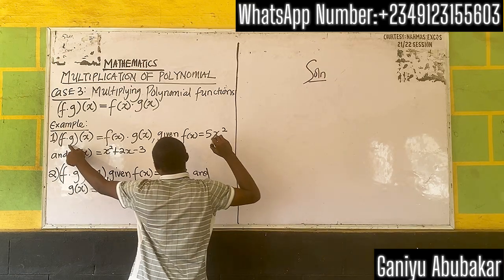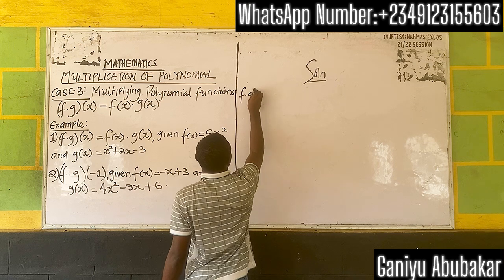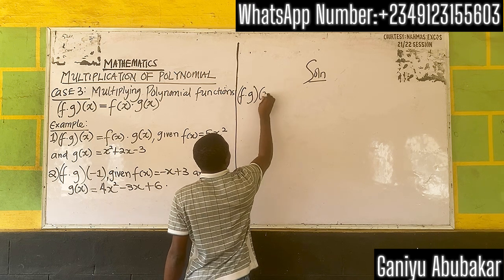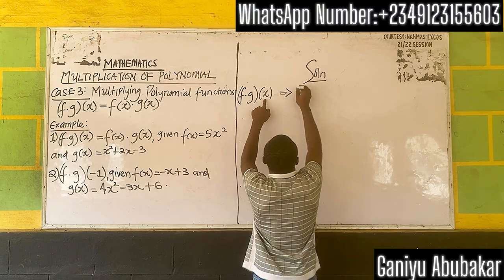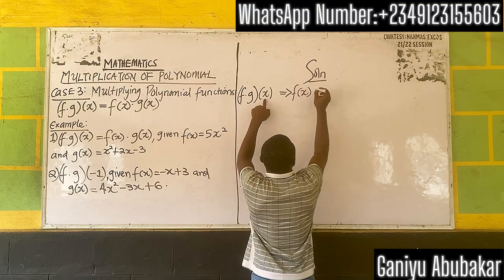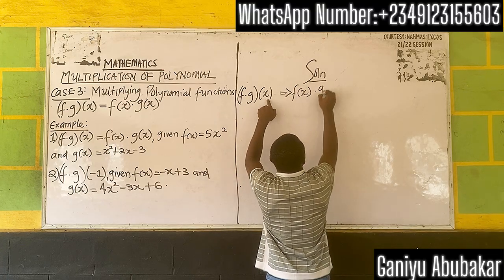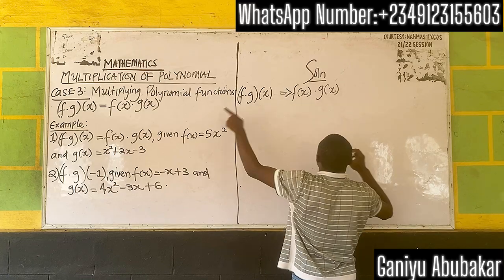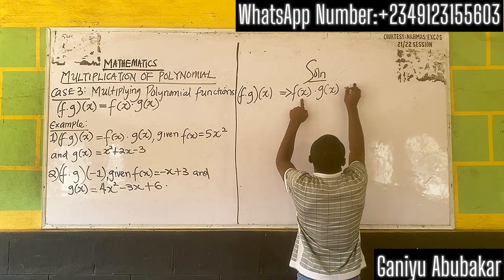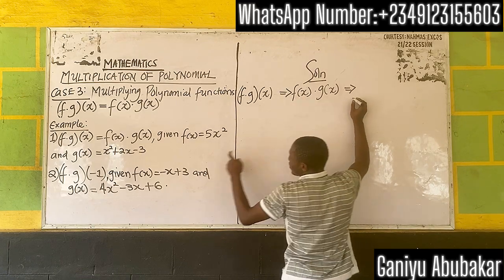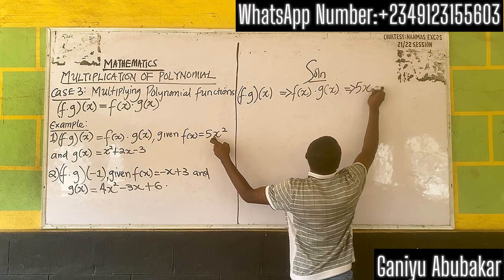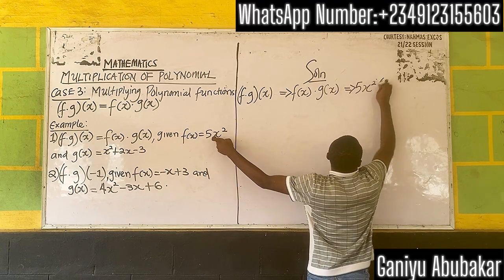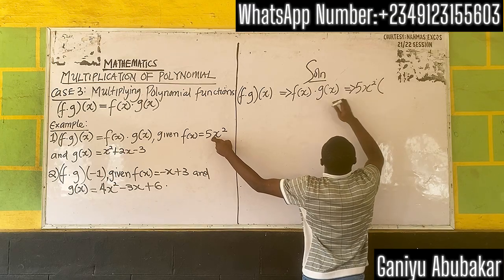For number one here, I have (f·g)(x). What this literally means is f(x) times g(x). From your question, what's f(x)? f(x) from this question is 5x squared. So 5x squared is multiplying g(x).